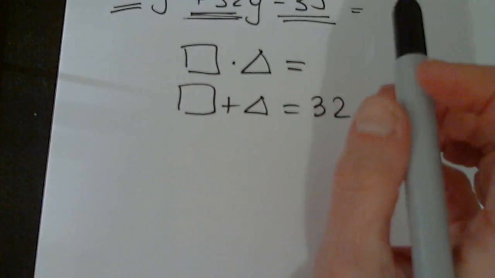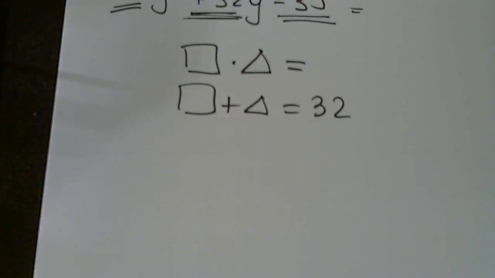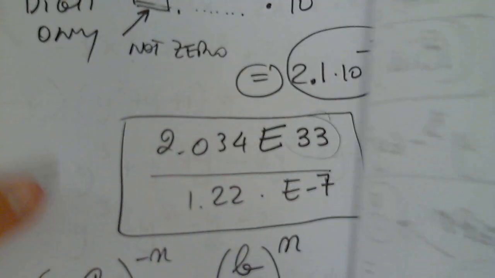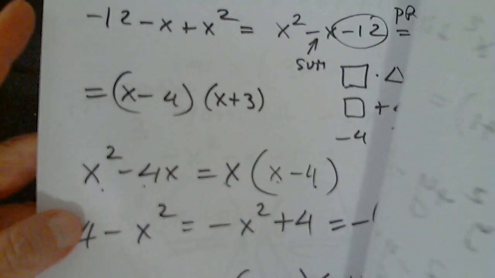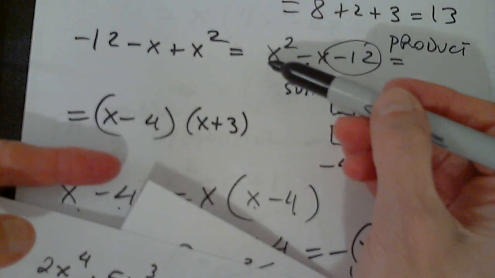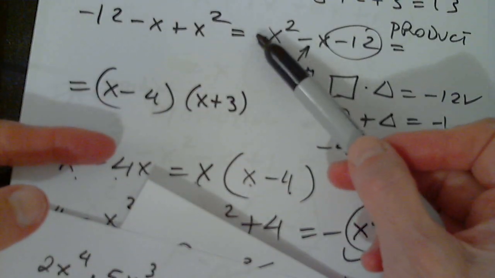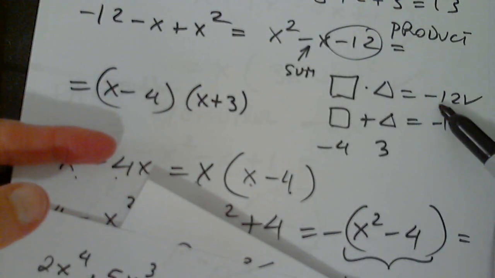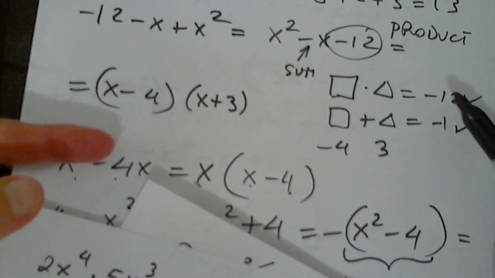The product, however, if this is not 1, we had a situation a few minutes ago in which the leading coefficient is 1. So I did not have to incorporate this number in the product because 1 times negative 12 is negative 12.